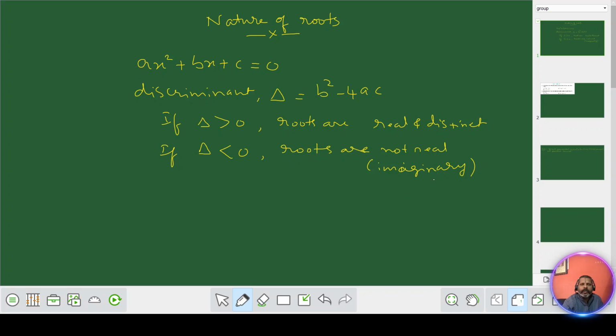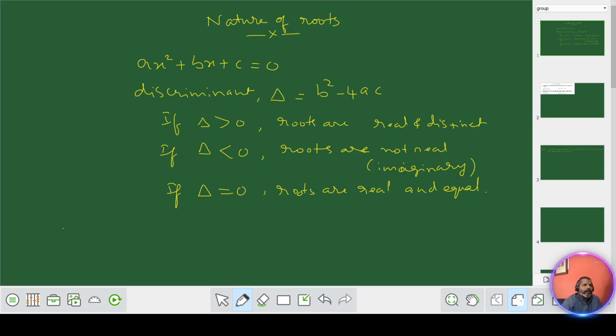We'll see it while solving the problems. The other condition is if discriminant is equal to 0, then roots are real and equal. Okay. These are the three conditions to find the nature of the roots.